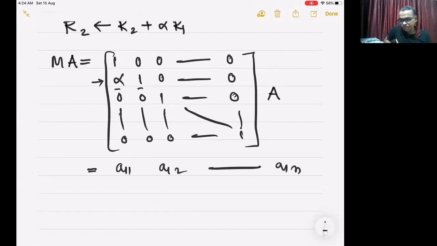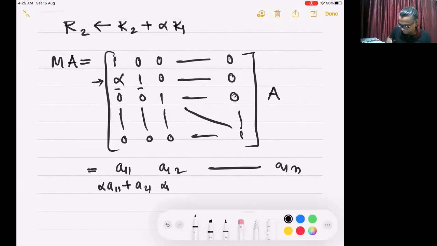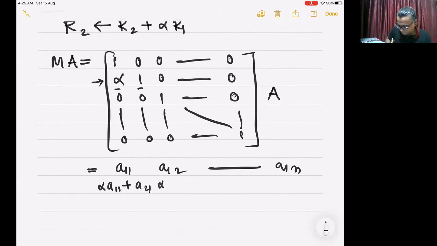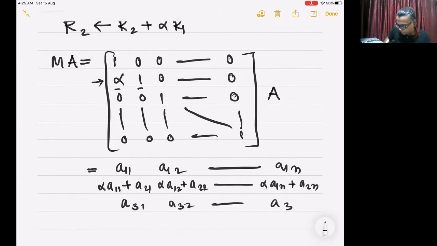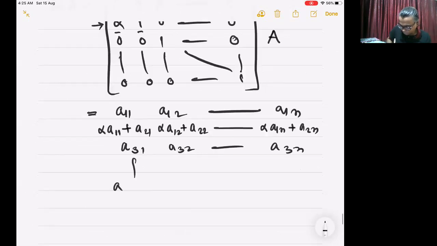The second row will be alpha times the first row of A plus 1 times the second row of A, which means this is going to be alpha A11 plus A21, alpha A12 plus A22, dot dot dot, alpha A1n plus A2n, and then again it will be A31, A32, dot dot dot, A3n, up to Am1, Am2, dot dot.